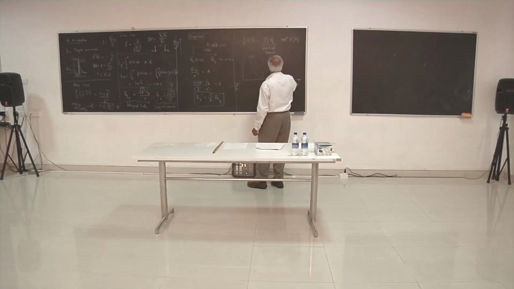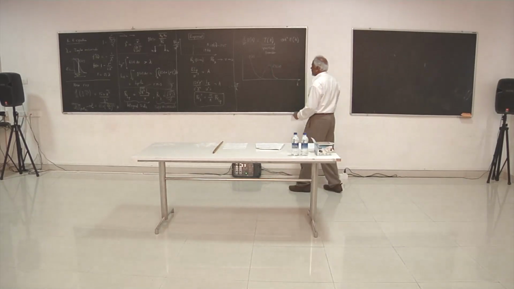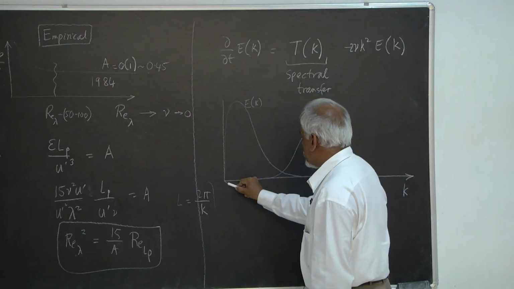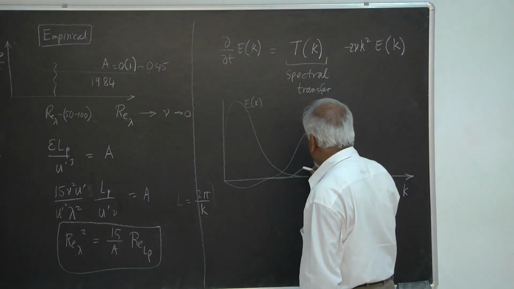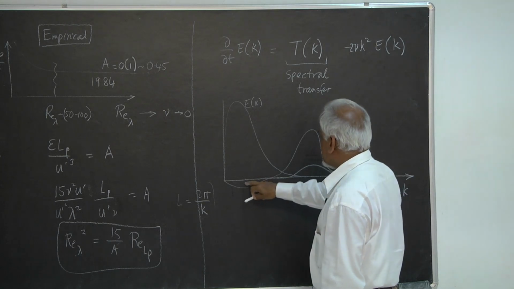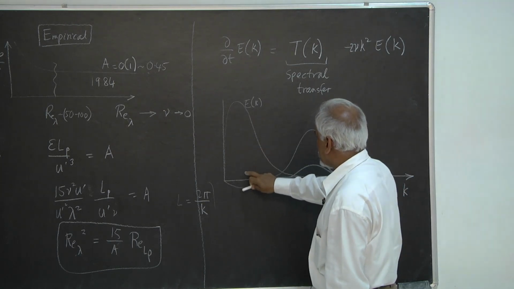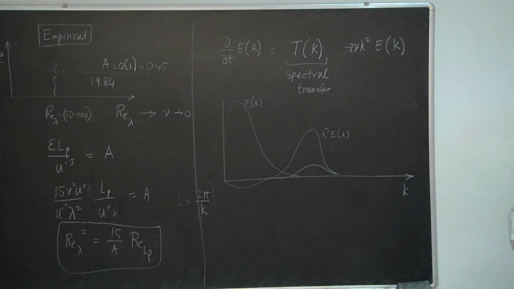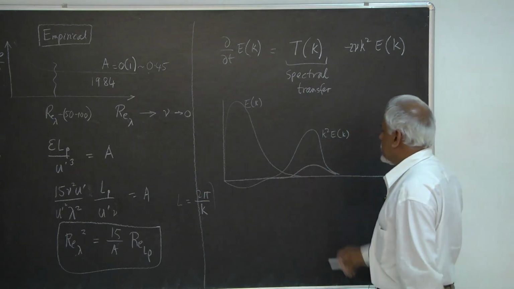I have to put in 2 nu, etc., to get the dissipation. And this T of k may do something like that. So basically it takes the energy from here and distributes it down here.